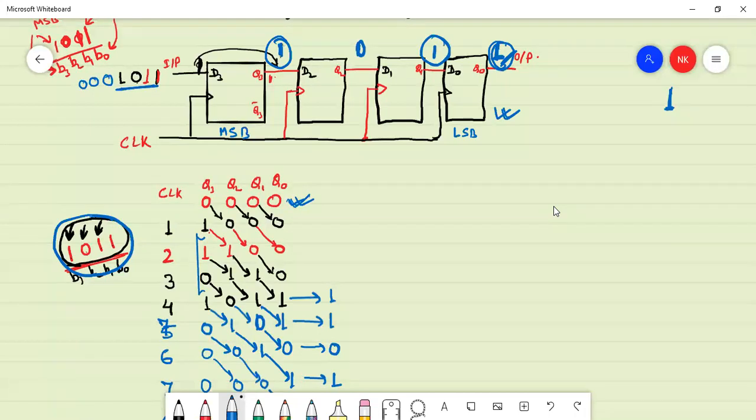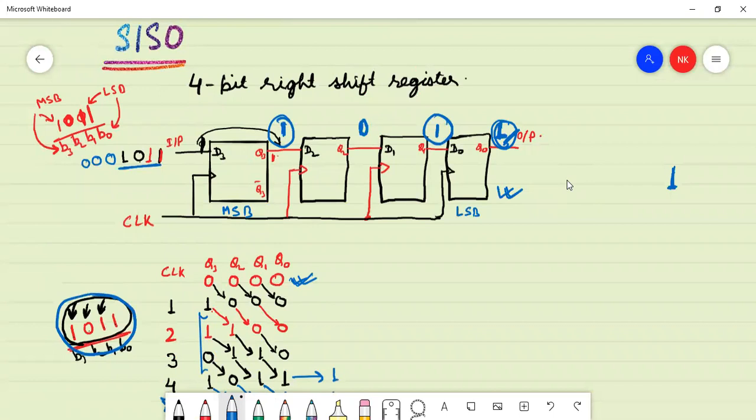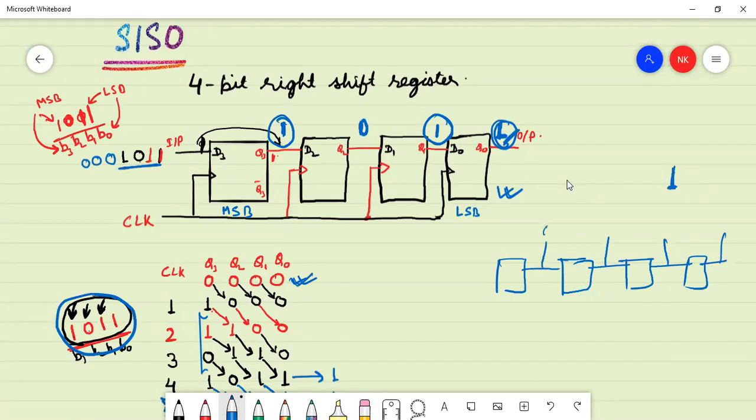That is, if we have the same combination of bits, 1011, then in 4 clock pulses all 4 bits are stored, and as we are taking it as a serial in, parallel out shift register, we will get the data parallelly at Q3, Q2, Q1, and Q0. So in this case, we need only 4 clock pulses to get the output.